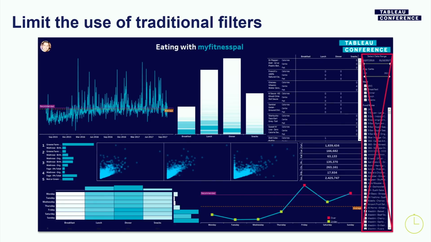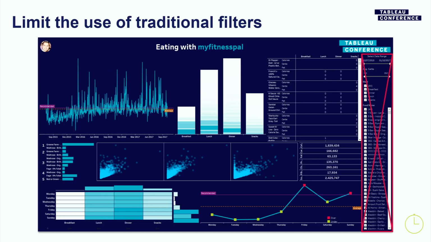Now, of course, there's another way to filter the data that exists in your dashboards, and that's by exposing the more traditional filters, like the ones we saw in my original dashboard. I would recommend that you limit your use of these traditional filters because they tend to have an unwanted impact on performance.